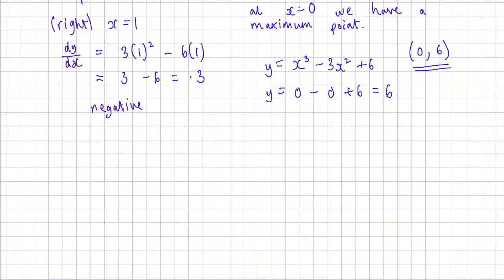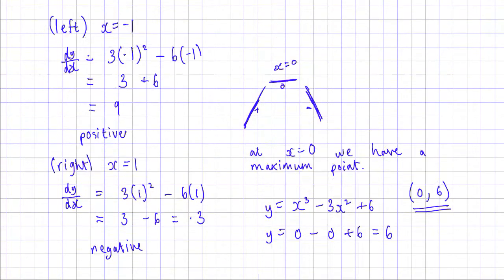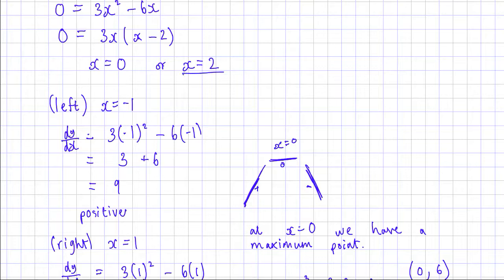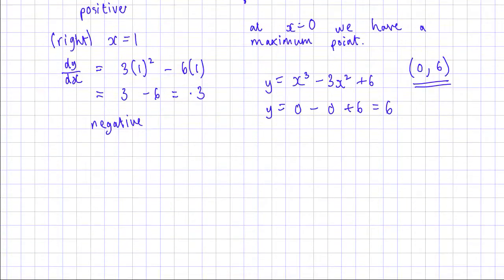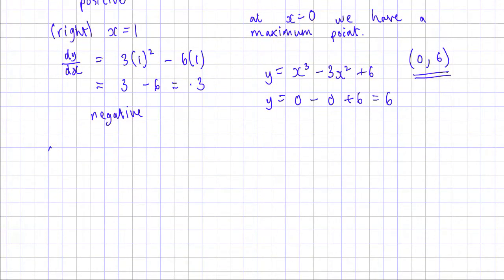Now let's try the other one. The other one is when x is equal to 2. So I need to go to the left of that and right of that and see what the gradients are. On the left of x is equal to 2, I have x is equal to 1. I've already found the gradient for that, and it's negative. dy over dx here was equal to minus 3, so we have negative.